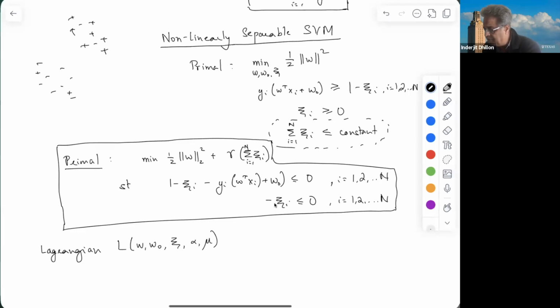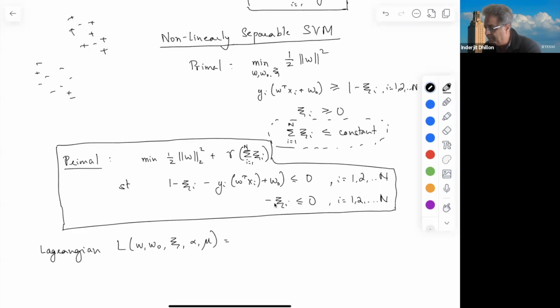So what is the Lagrangian? Well, I take the primal objective, so I'm just copying this down: half norm of w squared plus gamma summation of psi i, i equals 1 through n.